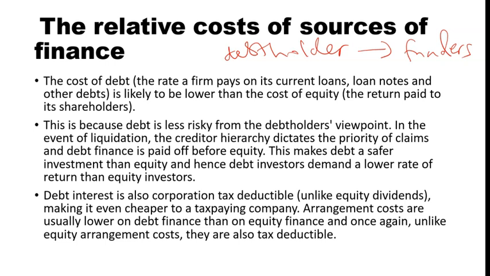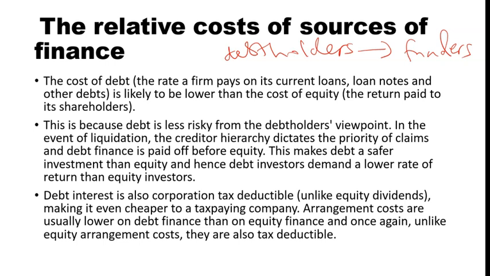They are saying debt finance is not that risky, because should the company to which they have given the debt go bankrupt, then they are the ones to be first considered for reimbursement. They are at the top of the hierarchy, the first ones to be reimbursed of whatever the company owes.